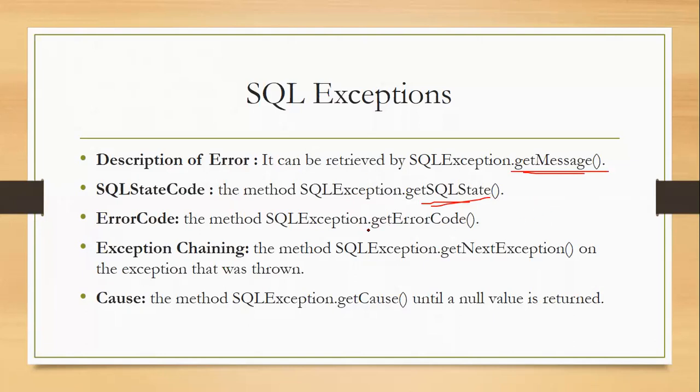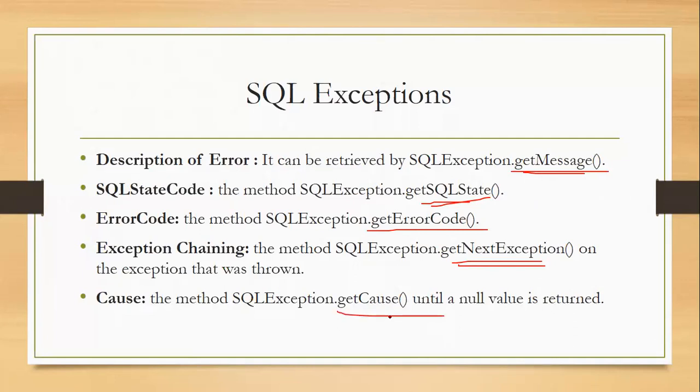The next is dot getErrorCode, which could also be an error code, a character or number kind of description. And then imagine you have more than one exception happening. You can give dot getNextException to find out which is the next exception in queue.